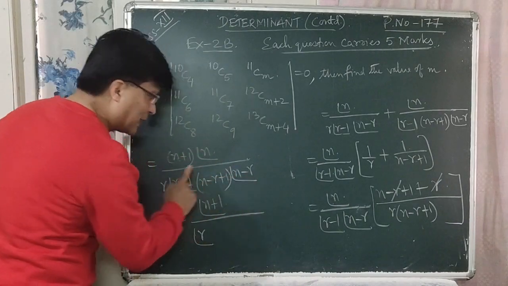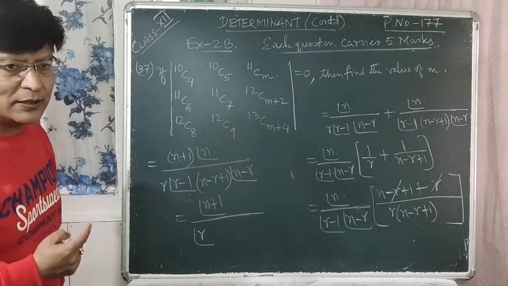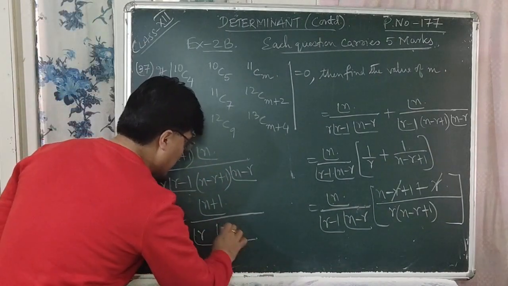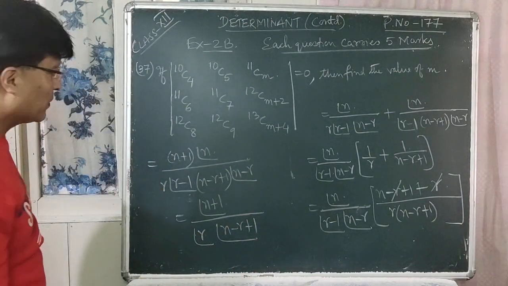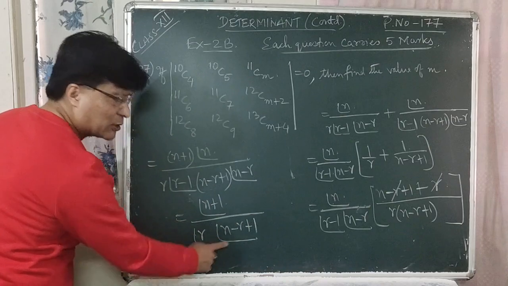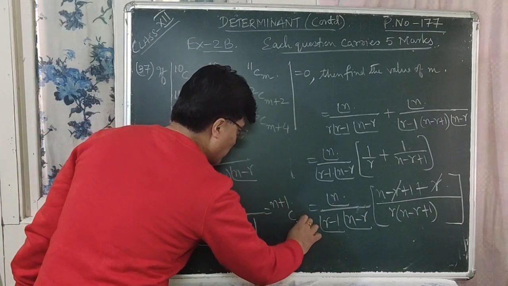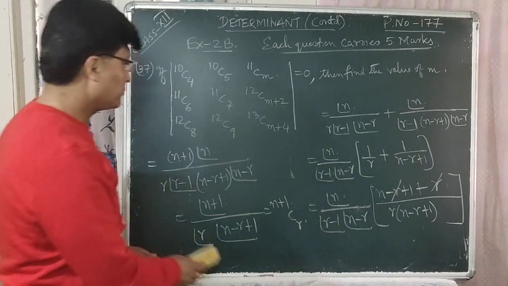Again, n minus r and n minus r plus 1 are two consecutive terms, one after another. So in this case, you can write factorial n minus r plus 1. Okay. So what is this formula actually? You can write it in terms of C form, that is n plus 1 C r. Is that clear to all of you?